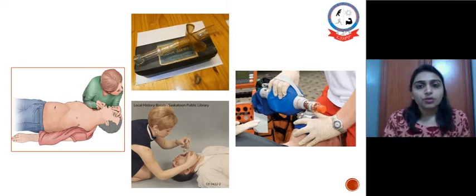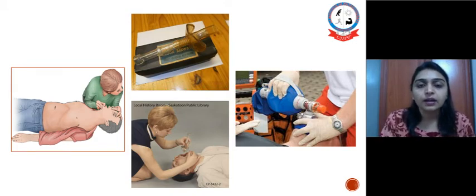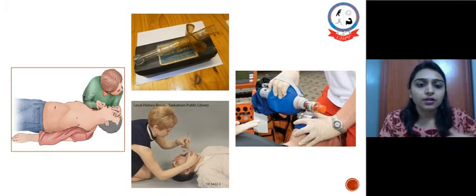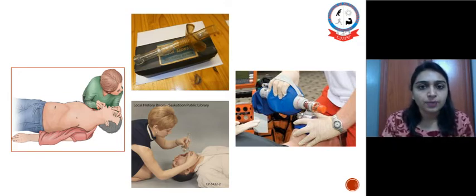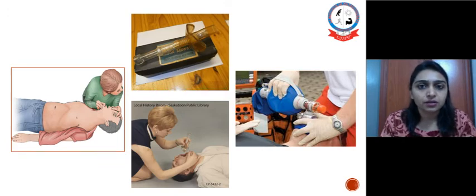We need to make sure that while giving artificial ventilation, the patient's lungs are inflating, and that we can see by the rise of the chest level. When we are blowing air into the patient's mouth, there should be a rise in the chest so that we can know that air is going inside the lung.